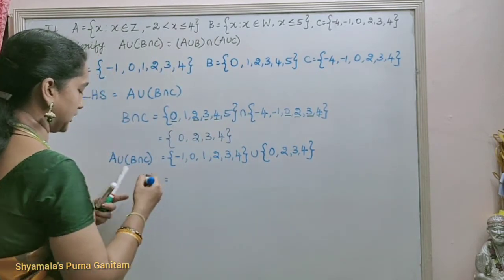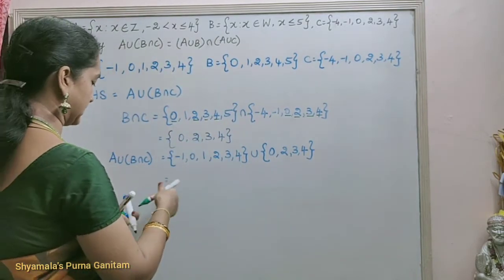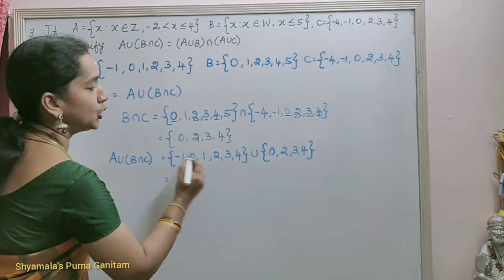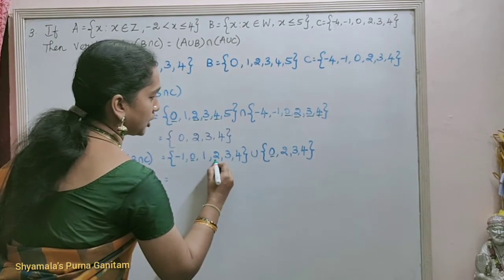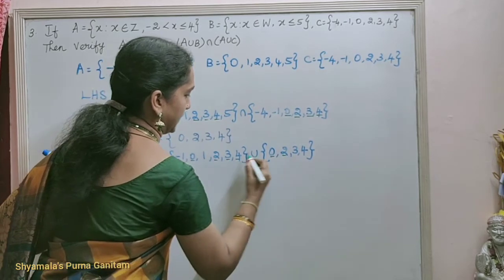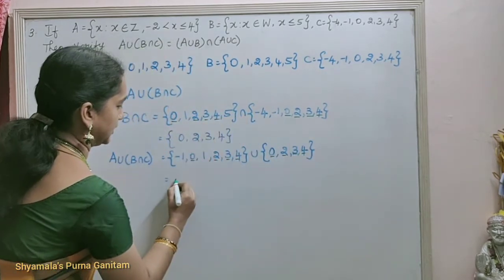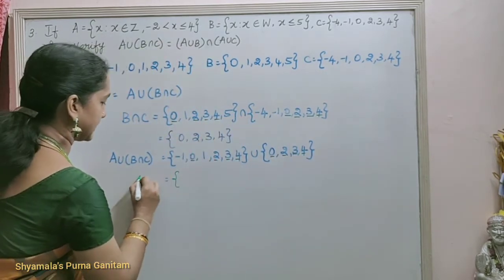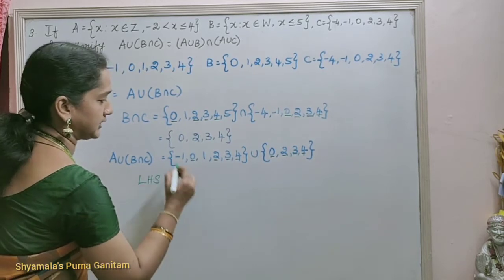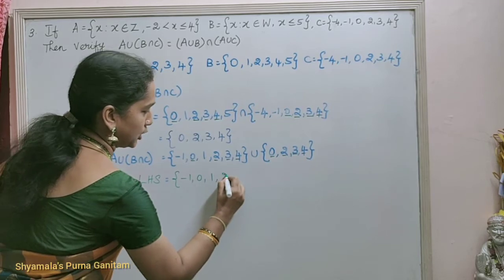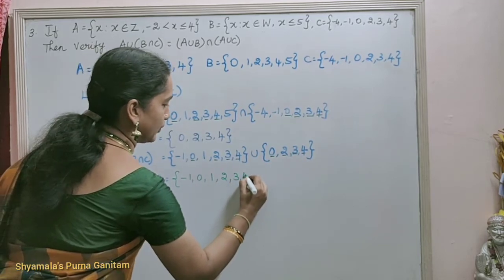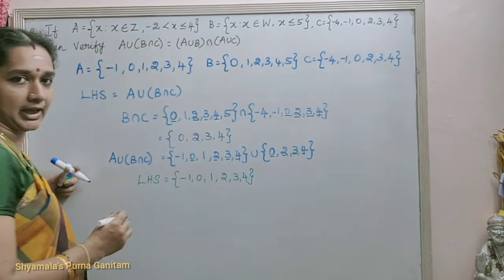So the answer for this, that is the LHS, is the union. You have to combine both the elements, and the common elements we will write only one time. So LHS is minus 1, 0, 1, 2, 3, 4. So this is the LHS value.